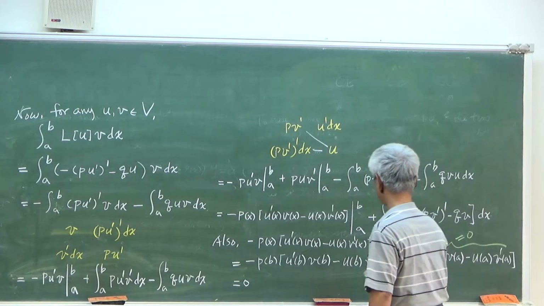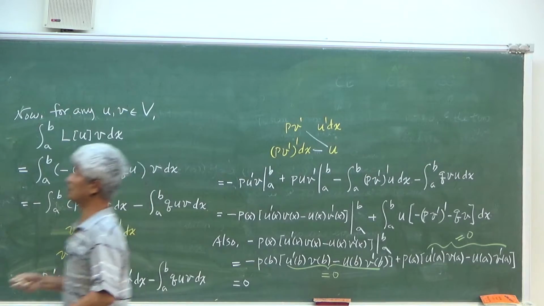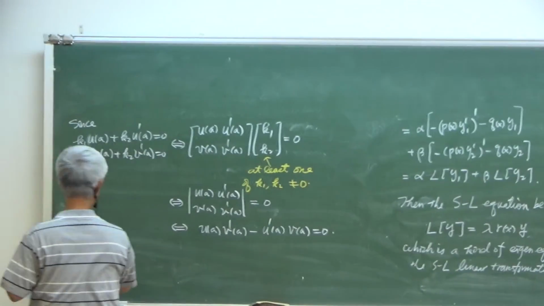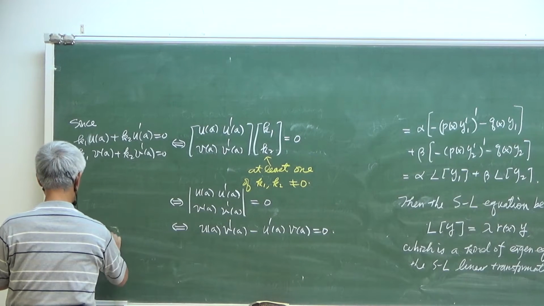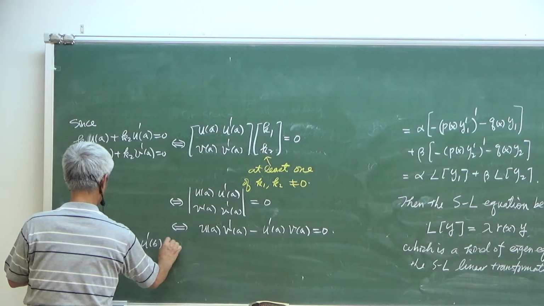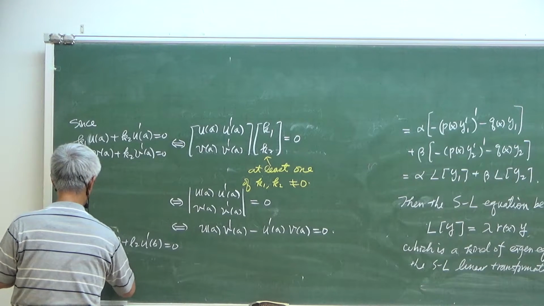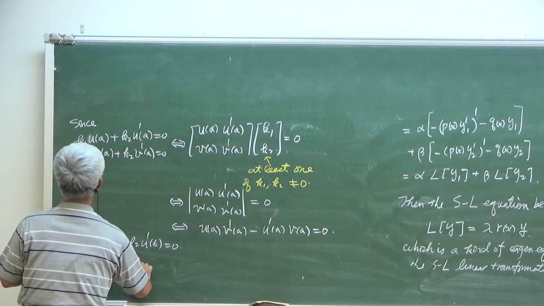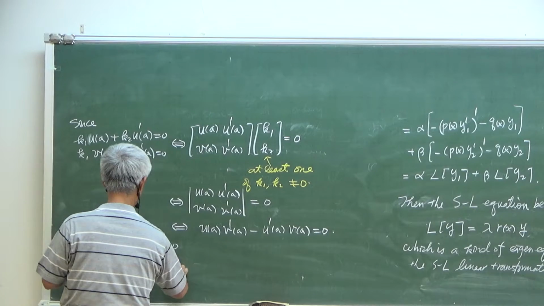And also this is 0. Why? Similarly, L1 U B plus L2 U prime B equal to 0, L1 V B plus L2 V prime B is 0.